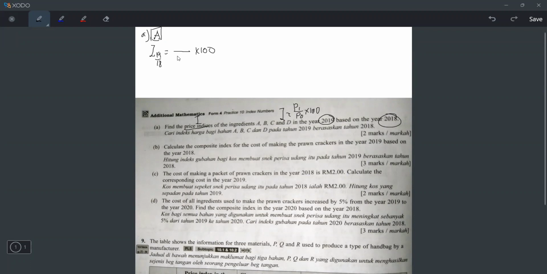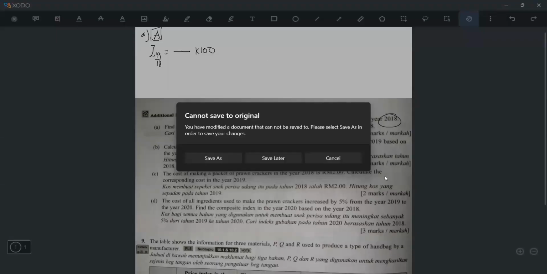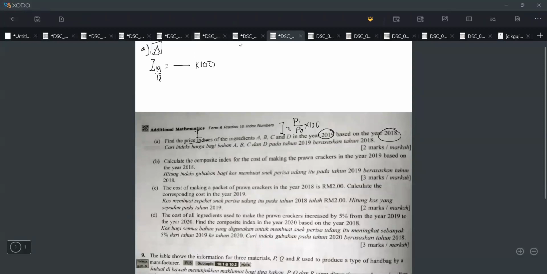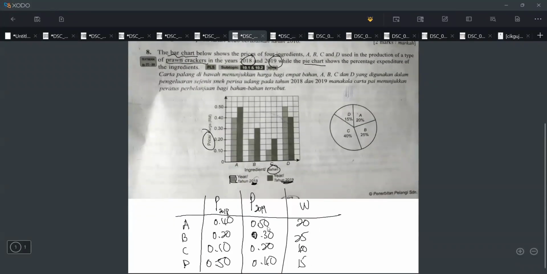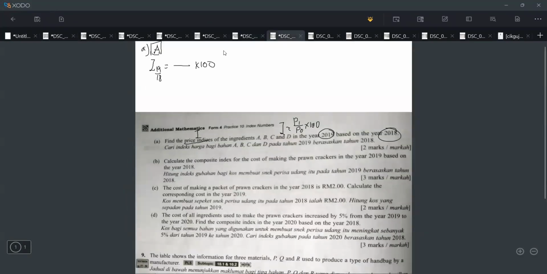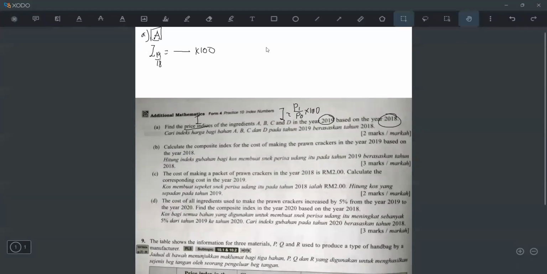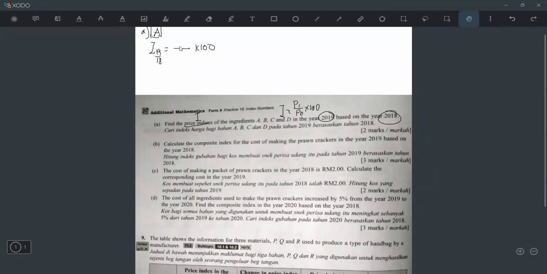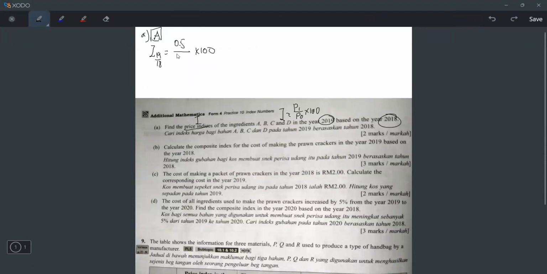The bottom one will be the price in 2018, so I have to look back. So 2019 for A, 0.5, and 2018, 0.4. What is 0.5 divided by 0.4 times 100? It is 125.